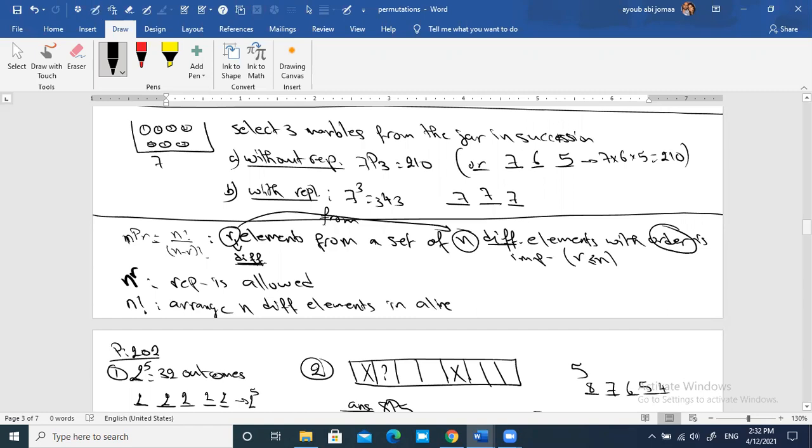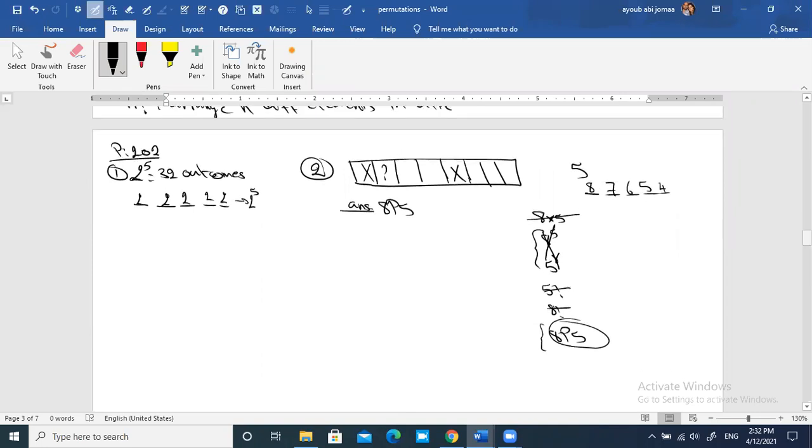When you select r elements from a larger set of n elements, in which repetition is not allowed and order is important. Our case here is satisfying this condition. We have 5 books or 5 copies to be selected from 8.